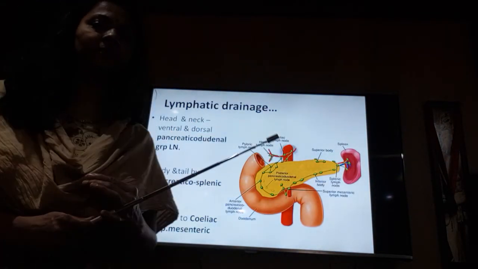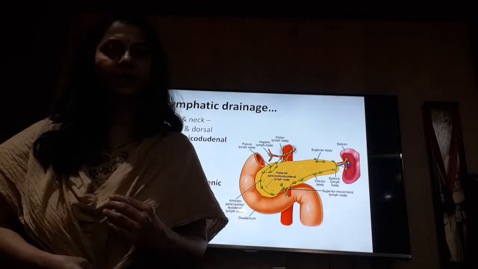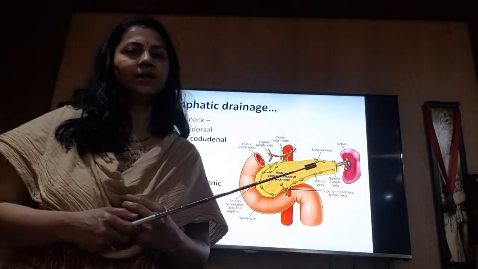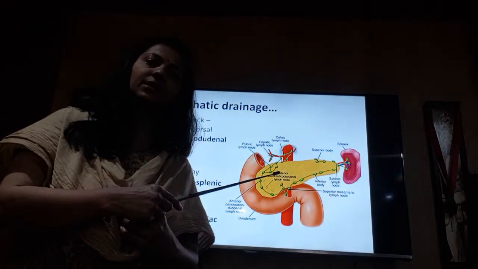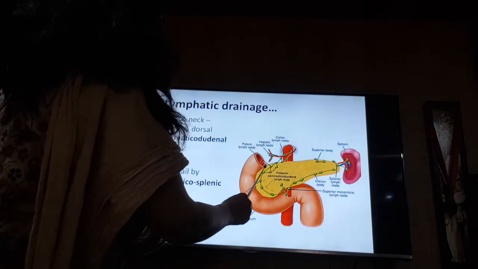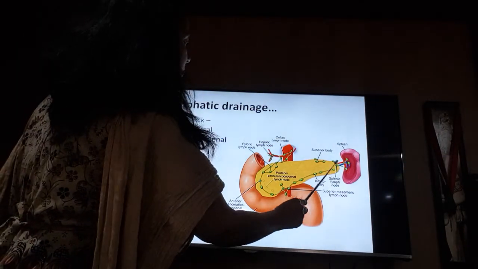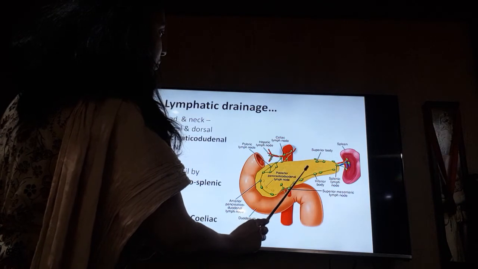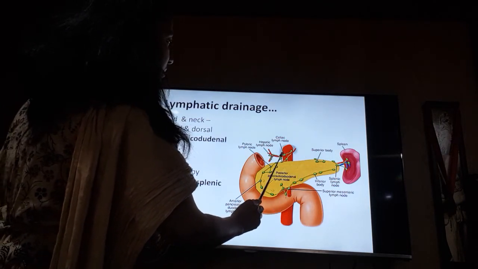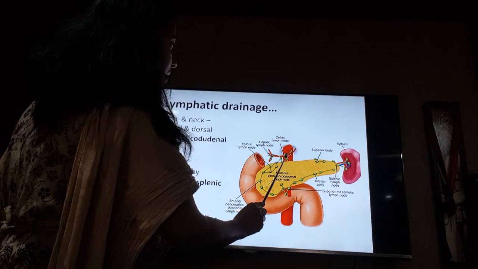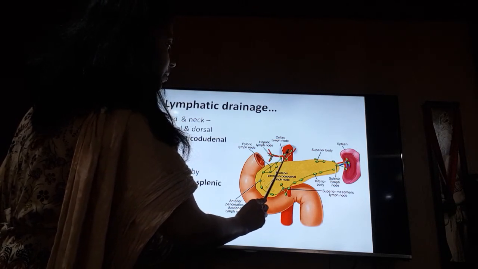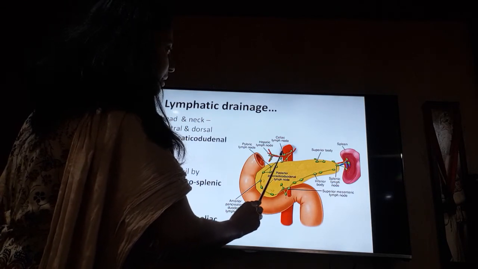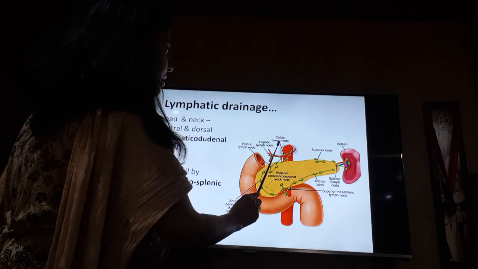Lymphatic drainage. See, every organ has an arterial supply, a venous drainage, lymphatic drainage, and nerve supply. So we have to talk about the lymphatic drainage. You can see here so many lymph nodes and so many lymphatics, but finally you have to understand this was the celiac trunk, a direct branch of the aorta. So the lymph nodes near this celiac trunk are called celiac lymph nodes.